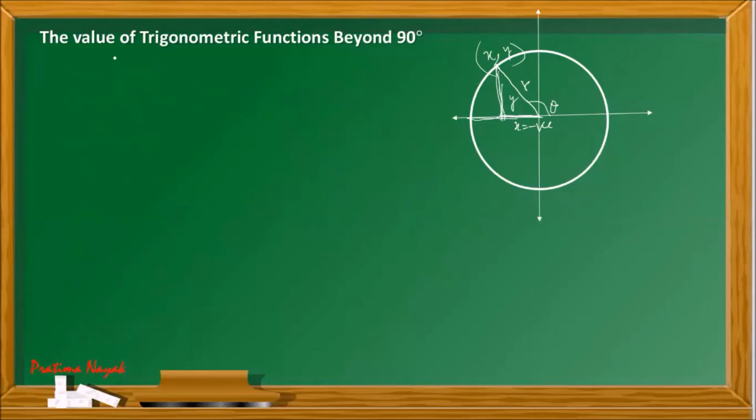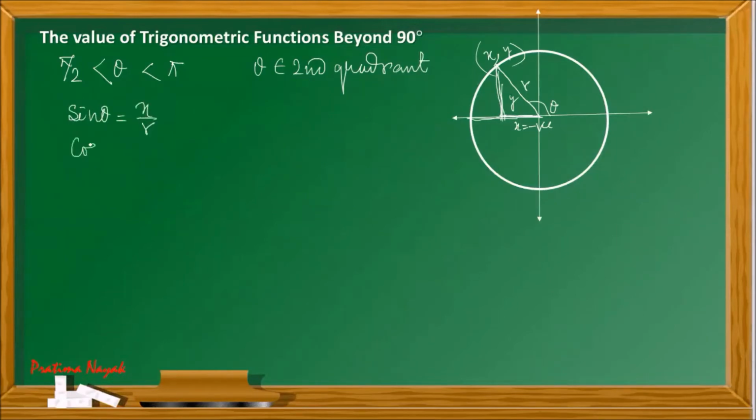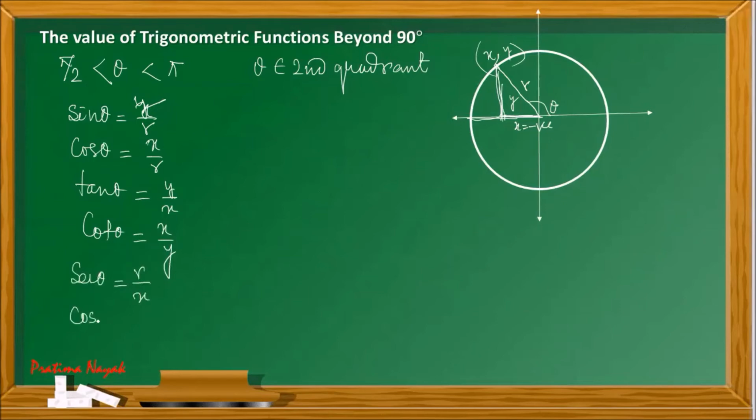So in the second quadrant, when theta is between pi by 2 to pi, sine theta is y by r, cos theta is x by r, tan theta is y by x, cot theta is x by y, sec theta is r by x, and cosec theta is r by y.